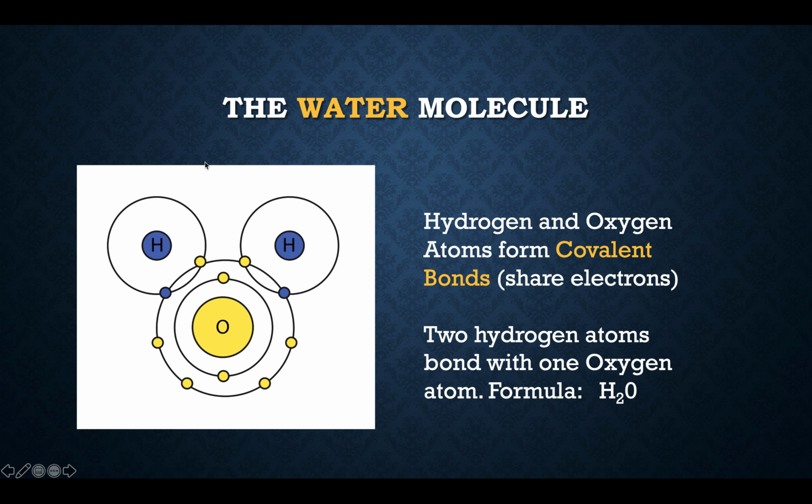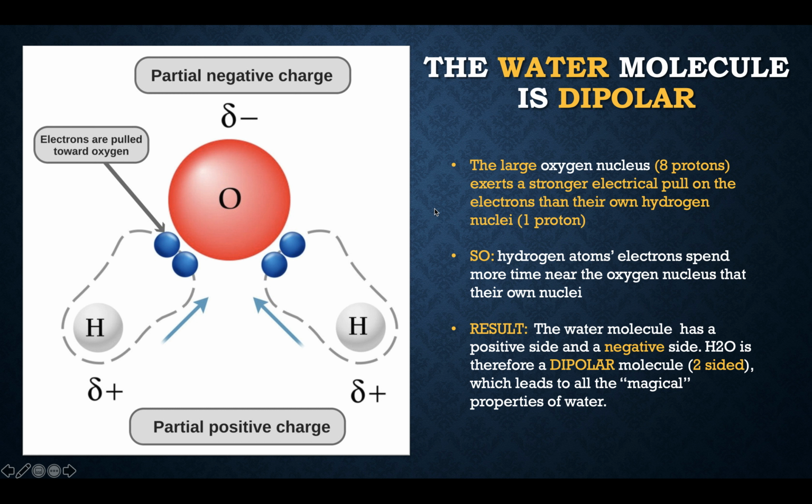And we can remember the structure by remembering that this is often called the Mickey Mouse molecule, because it kind of looks like Mickey here. There's the nose, there's the Mickey ears. So this is the general picture of the water molecule. Okay, so now let's go into a little bit more depth with that picture.